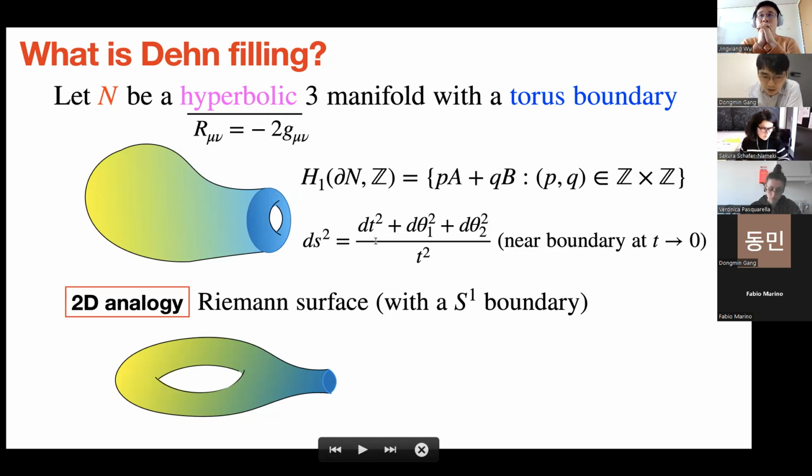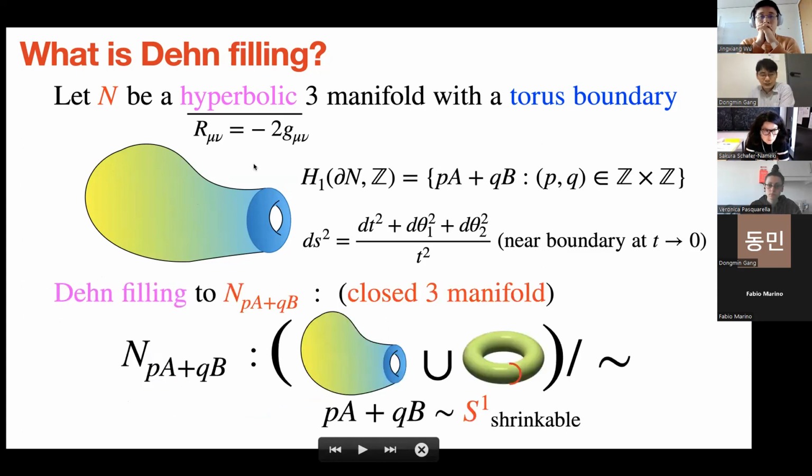And along this boundary, the metric is roughly given in this form, and theta1 and theta2 parameterize this torus at infinity. In 2D analogy, this can be regarded as a Riemann surface with some holes or punctures, and these punctures can be regarded as some boundary with an S1. So this is a 2D analogy.